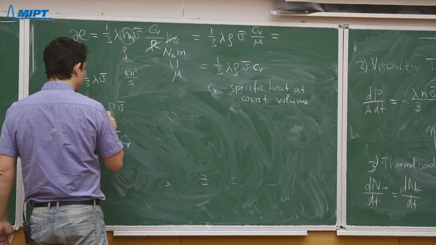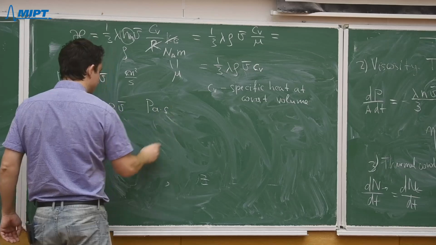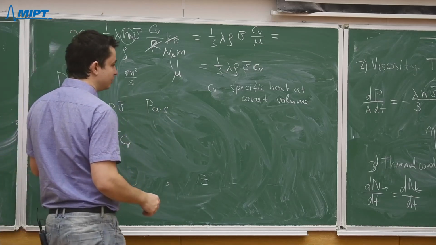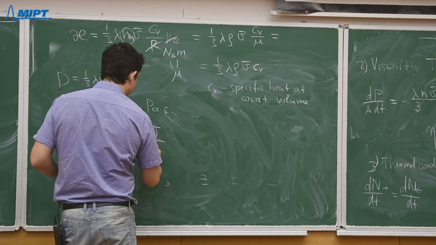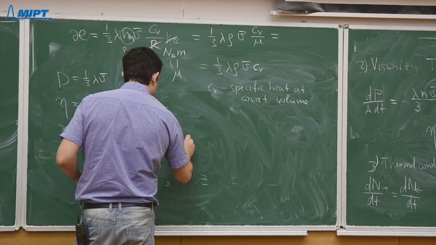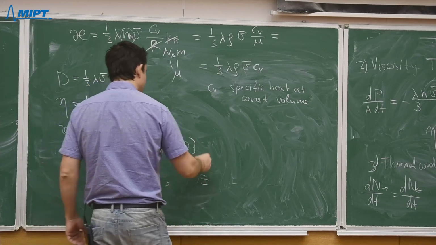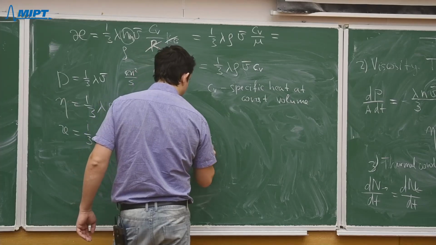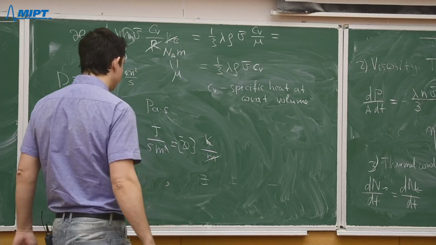Eta has the dimensions of Pascal multiplied by second, and the thermal conductivity has the dimension of, let me see, the heat flow, which is joule per second per meter squared. It should be a multiple of thermal conductivity by the temperature gradient. The temperature gradient is Kelvin over meter, so the meter can be eliminated from here.